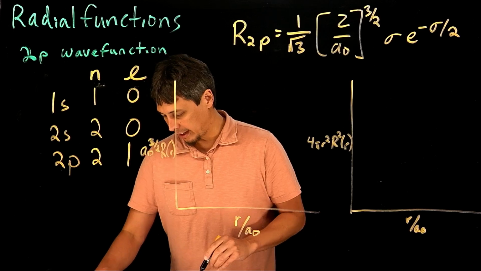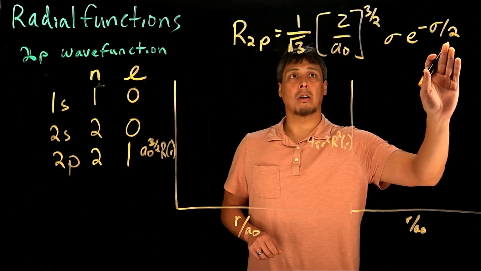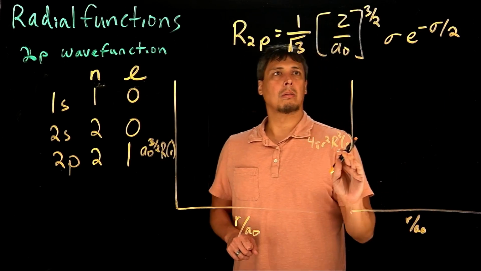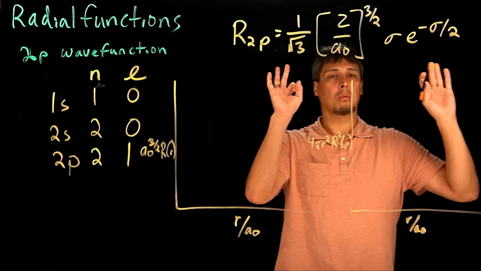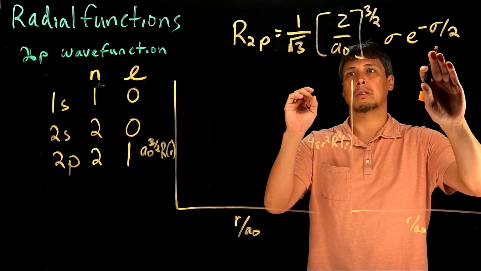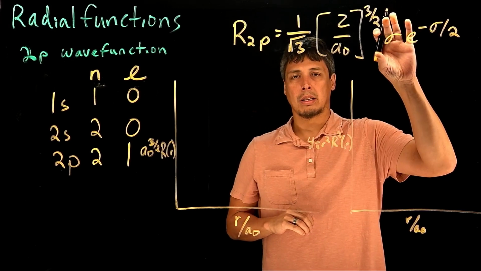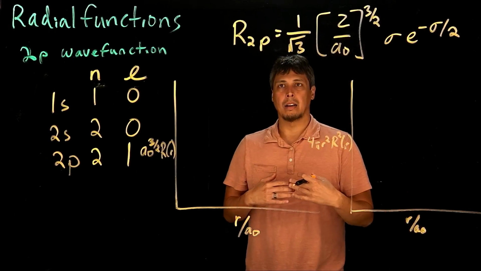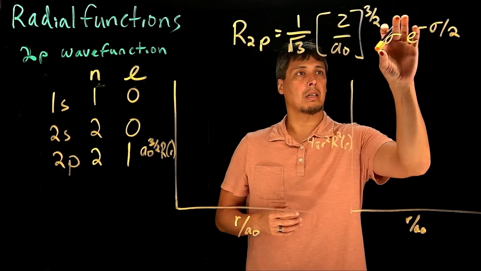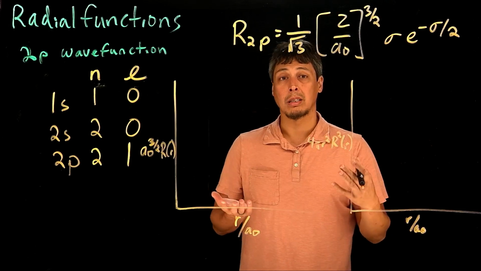So what effect does that have? Let's look at the wave function. Here's the wave function for R2P. What we see, again, is a similar sort of organization to the other wave functions we've been looking at, where we have our exponential term and our pre-exponential term. We even still have this middle term, which allows for R2P to be at 0, but R2P is at 0 when sigma is equal to 0, which means the radius is equal to 0.